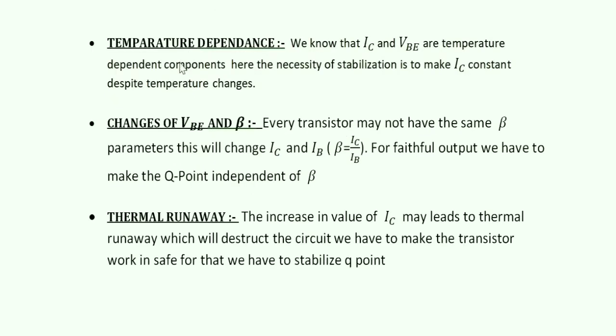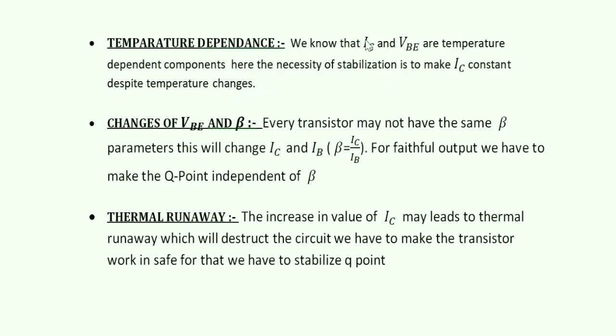Now the first one, that is temperature dependence. We know that IC and VBE are temperature dependent components. When the temperature increases, the collector leakage current, which depends on the temperature, will increase. That in turn will increase the IC.